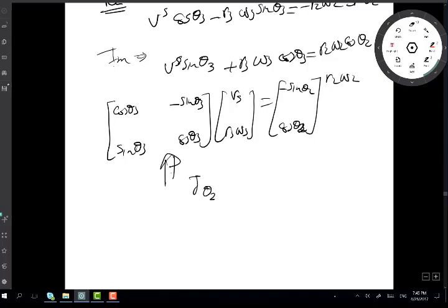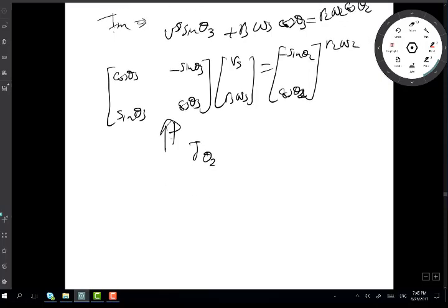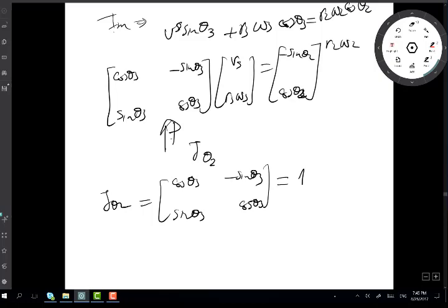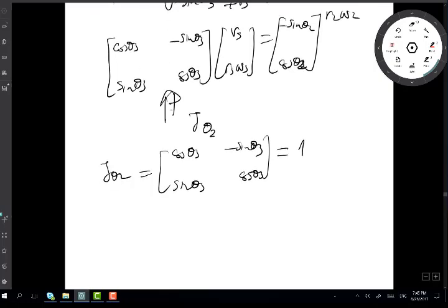This here will be the main Jacobian, the system Jacobian, J. And when I calculate the determinant of this J, I get 1, because cosine squared plus sine squared should give 1.